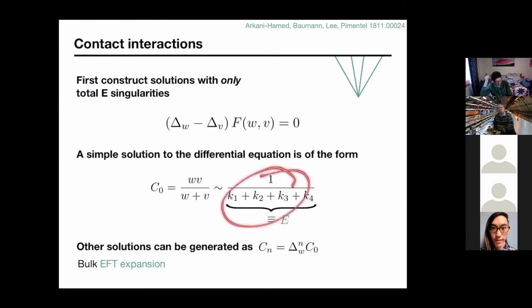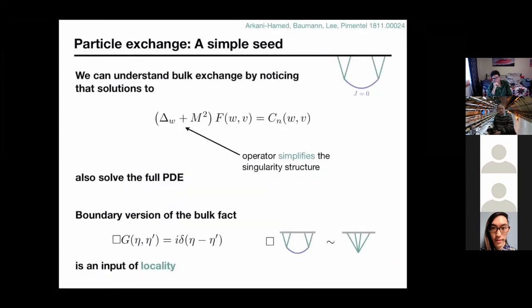And then once you have this solution, if you just act with this kind of peculiar hypergeometric-like operator over and over again, you just generate more solutions. And so you can think of this delta operator as being kind of like dual to a bulk derivative expansion. So this just lets you in a simple way classify a huge number of bulk contact interactions.